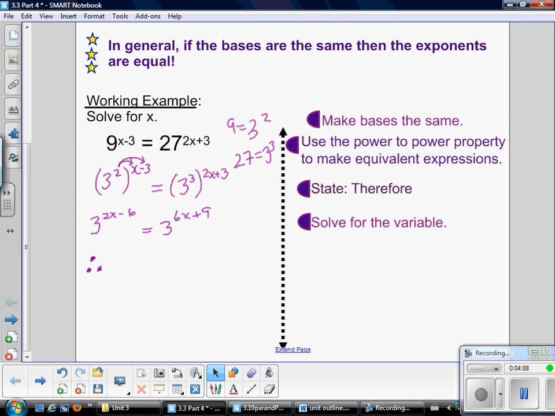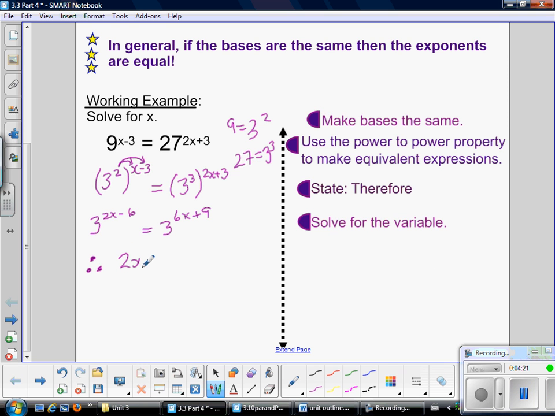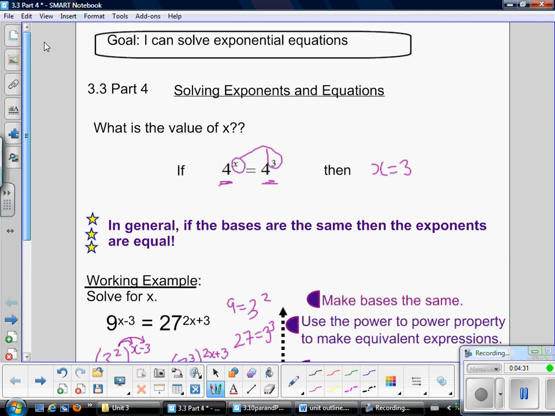So therefore we're going to solve for the variable, and we take our exponents from the first one, which is 2x minus 6. That must be equal to 6x plus 9. And the reason? The same reason as for what x equals here: our bases are the same, therefore those exponents must be equal.